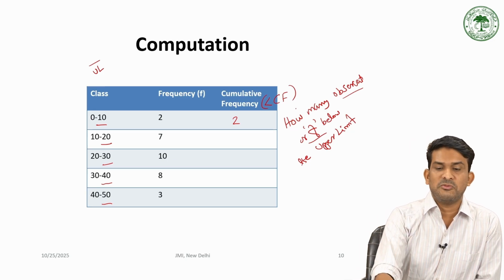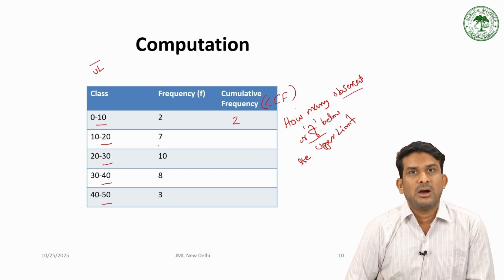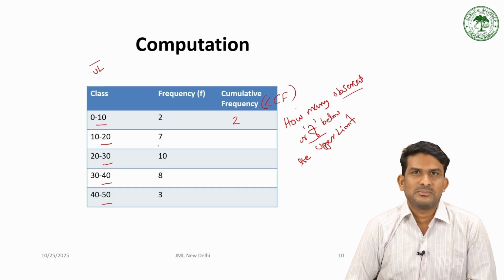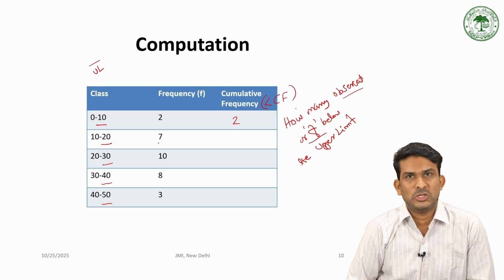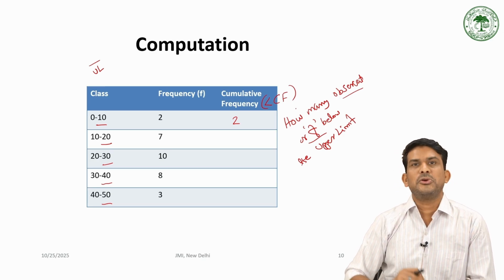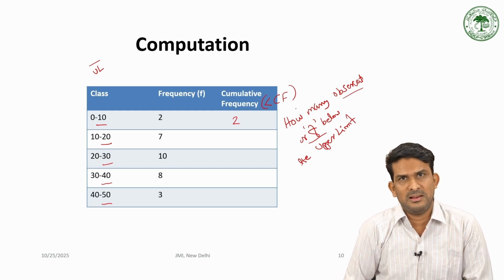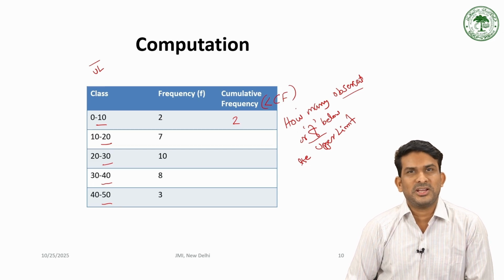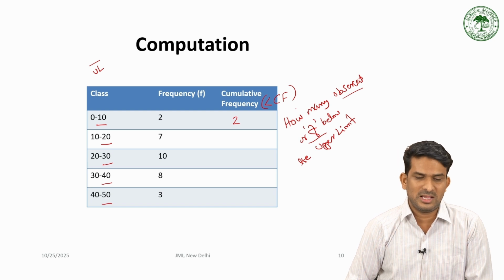Now in the second class, what is the frequency? 7. But 7 is not below 20. It is between 10 and 20. Of course, everyone is below 20, but below 20 we have some more observations in the previous class as well. We are not talking about between 10 and 20, we are talking about below the upper limit of the specific class.